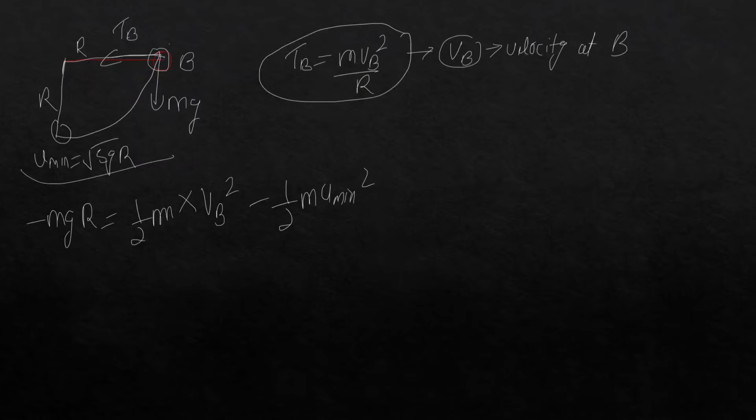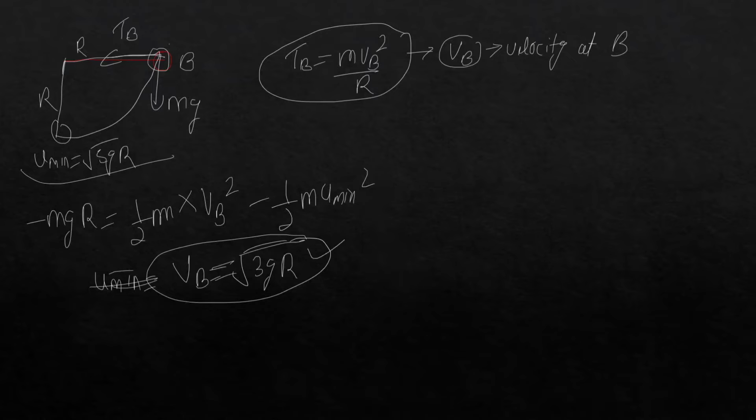From here, u minimum we know, so VB we get under root 3 gr. Once we get VB, then we get TB, m into 3 gr upon r, that becomes cancelled, then TB, the tension at B, is equal to 3 mg.